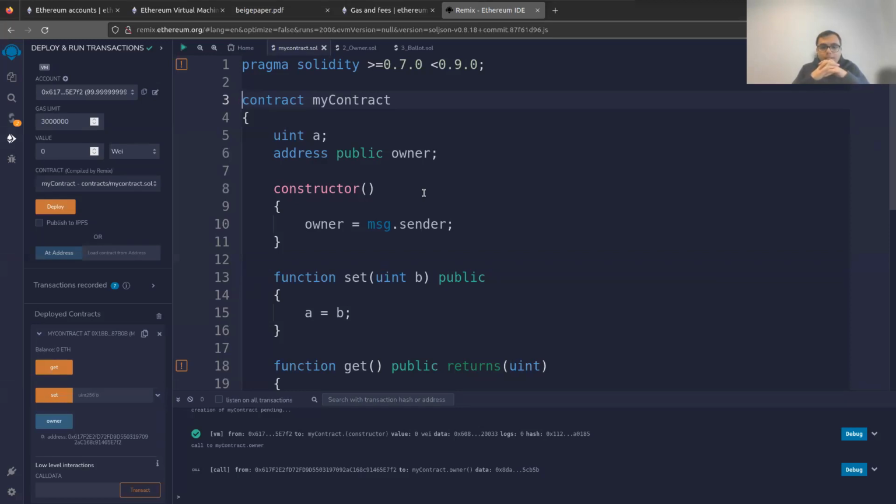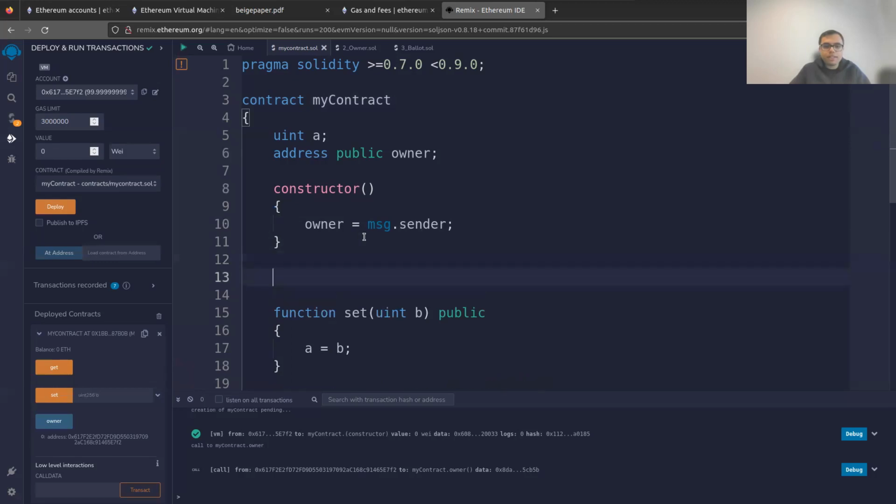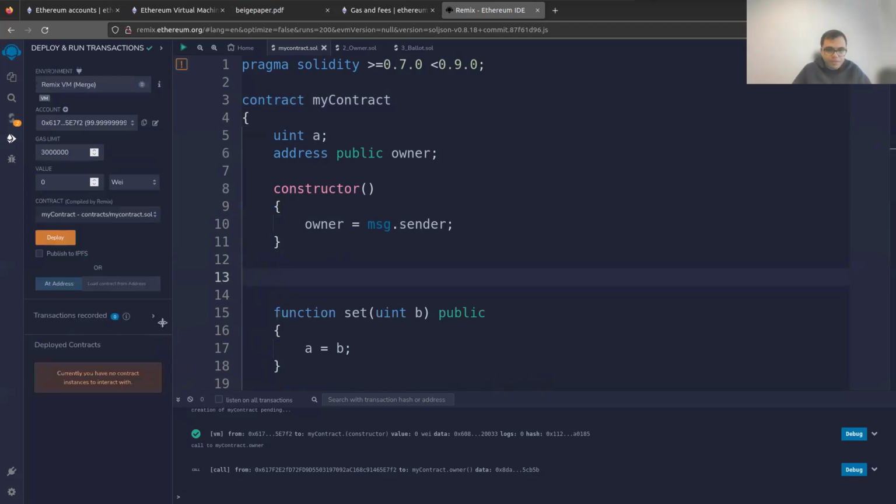So let's say that I want to actually send money to this contract. So how can this contract receive money? Well, one way of receiving money is that the contract can have a function that is payable. So let me remove this. Let's say I create a function, I call it pay me, and it's public, but I also say it's payable.